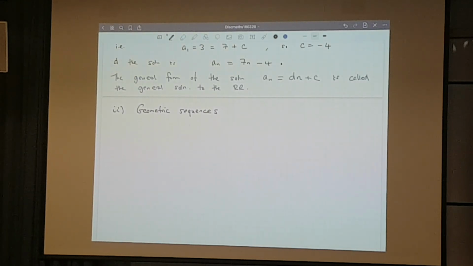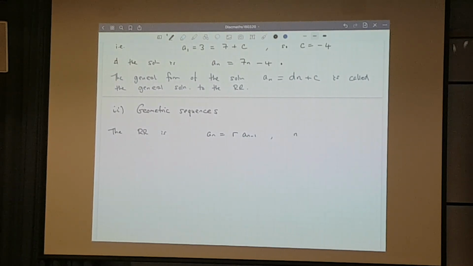So we want to write down the recursion relation. Now we just multiply by something each time. So a_n is equal to r times a_(n-1).